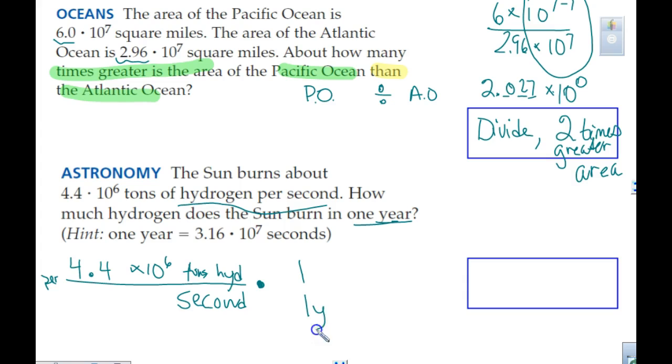We have 1 year, right? Because we're trying to find hydrogen per year. So we're trying to find out how much hydrogen per 1 year, okay? That means we have to put this 3.16 times 10 to the 7th.